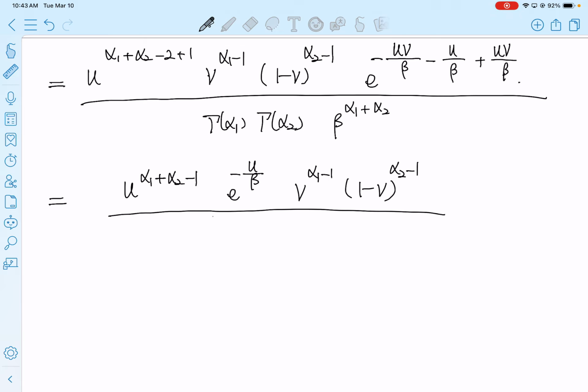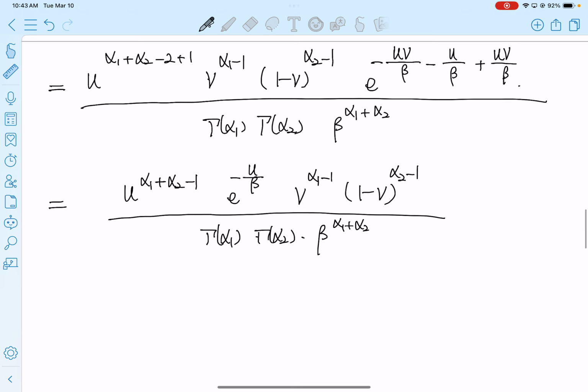And then the gamma function of alpha 1, gamma function of alpha 2, beta raised to the power of alpha 1 plus alpha 2. So just a further simplification of that long expression.